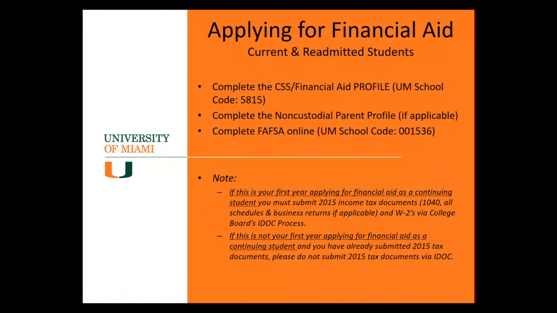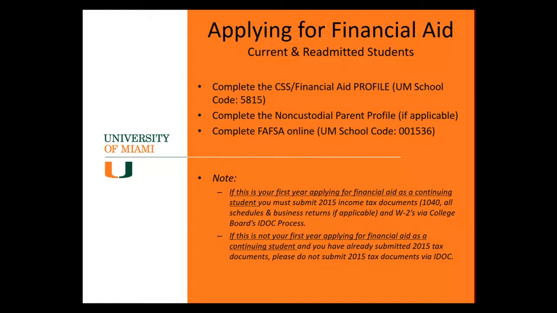To apply, here's some of the documentation that we're going to need. If you're completing the CSS Profile, you need to have our school code of 5815 on the application in order for us to receive it. All right. If you report a status other than married or widowed on the CSS Profile, you will need to have your non-custodial parent complete the CSS Profile statement for them.